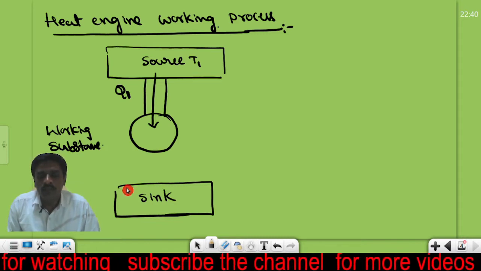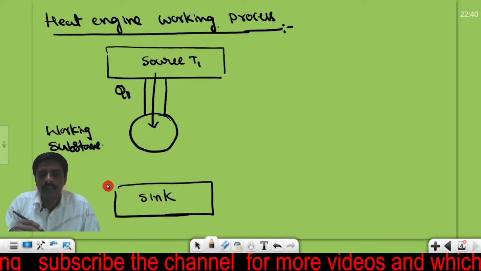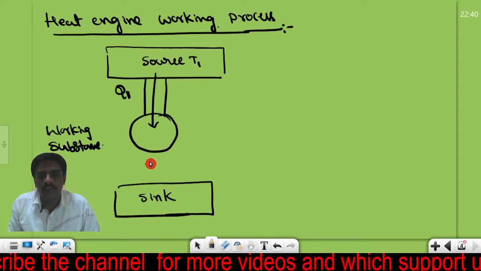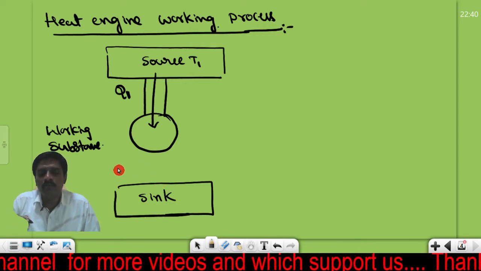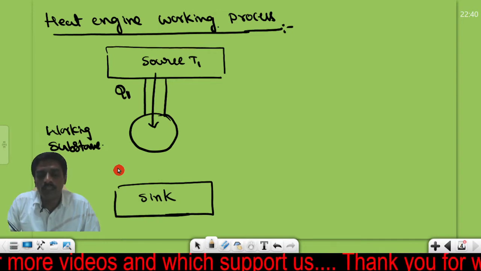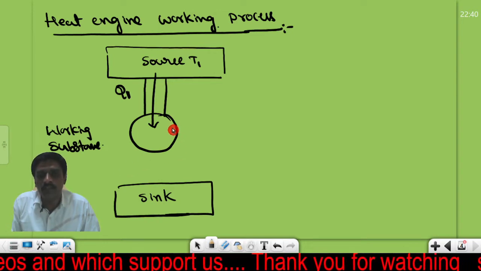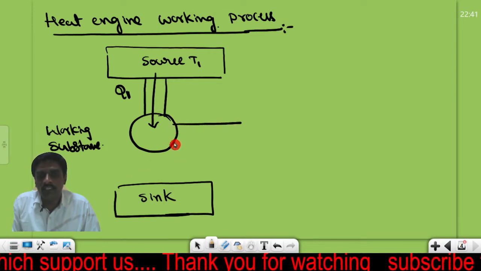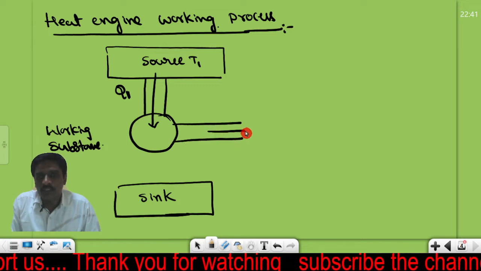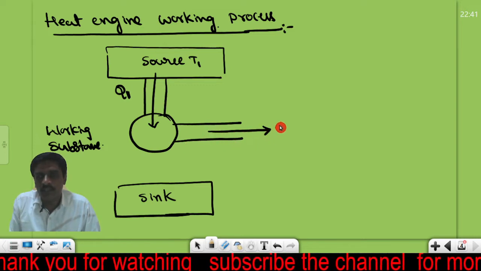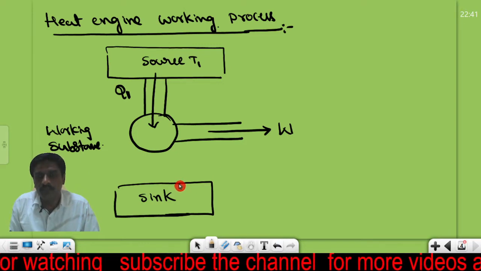Due to absorption of heat energy, expansion takes place in the working substance. That means it does some work, which can be extracted to the surroundings. That work is denoted W.